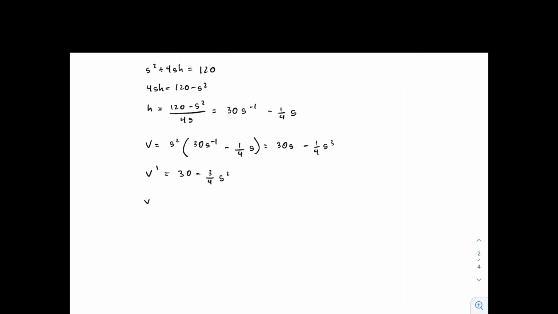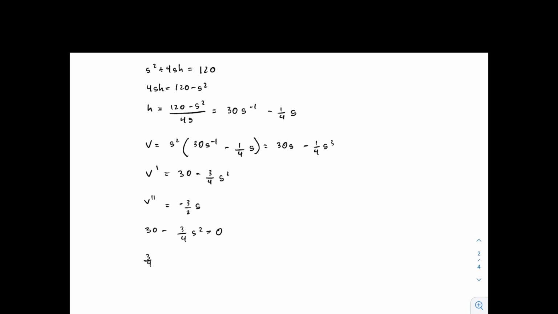Then I'm going to find the second derivative, and that's going to be minus 3/2 s. And then let's consider our critical values. Our critical values are given to us by solving 30 minus 3/4 s squared equals 0.